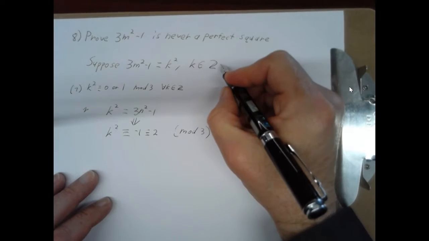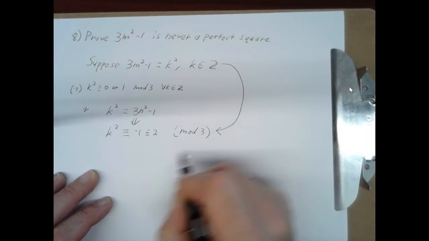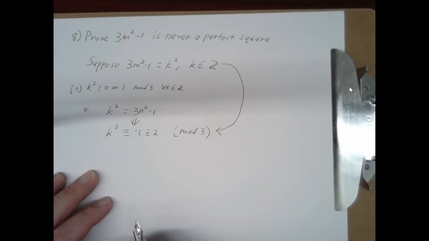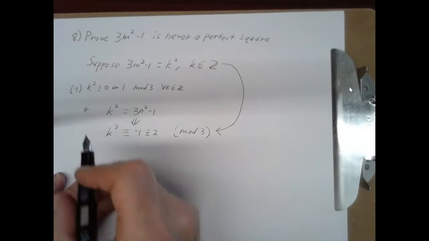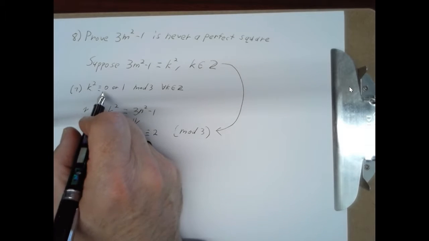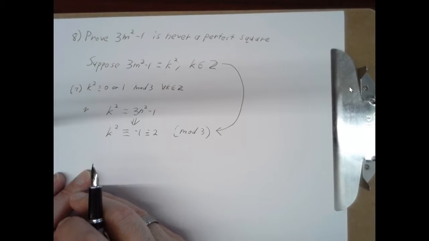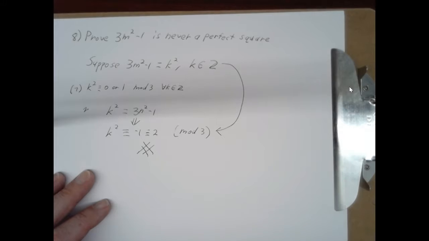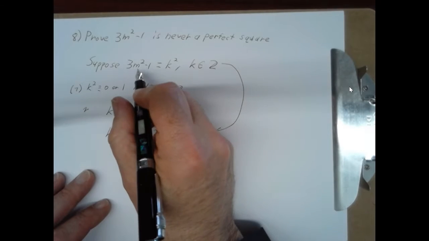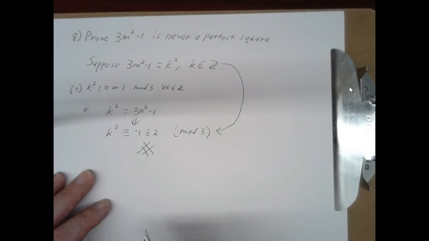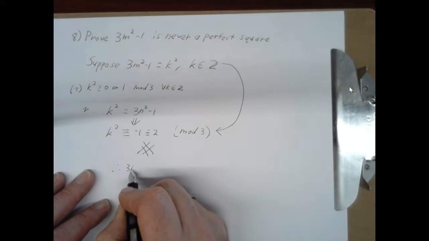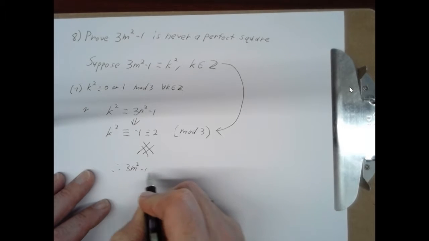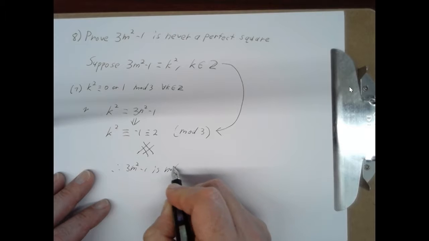So if this statement is true, then k squared is congruent to 2 mod 3. But from exercise 7, we know that k squared is always congruent to either 0 or 1. So this is a contradiction. And therefore, it's not possible that 3m squared minus 1 is k squared. So 3m squared minus 1 is not a perfect square.